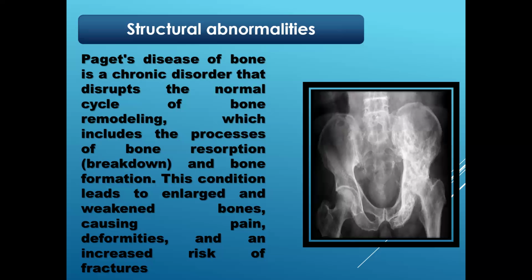However, the newly formed bone is often structurally disorganized and weaker compared to the normal one that was destroyed. And the person begins to have bone pain, deformities such as bow leg, increased warmth, and fractures resulting from weakened bone.